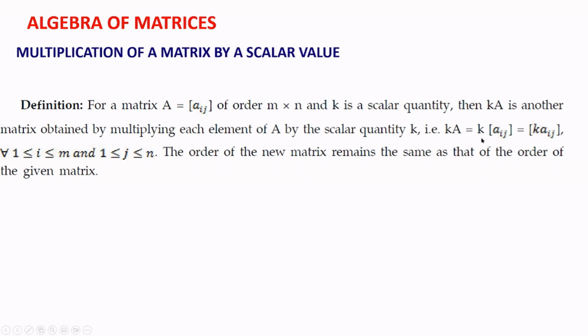So kA equals k times the matrix [a_ij], which is nothing but the matrix [k a_ij], where i varies from 1 to m and j varies from 1 to n. The order of this new matrix will be the same as the order of the original matrix.